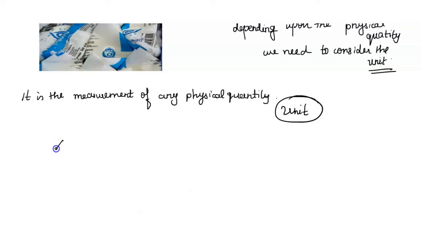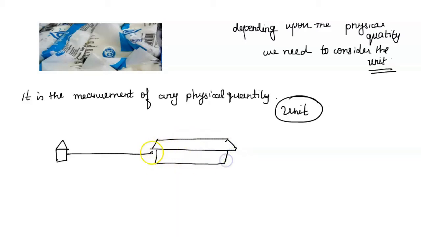If this is your home and this is the school, what will your answer be? Is it 5 centimeters? It is too small, right? 5 centimeters is nothing but half the length of a pencil.